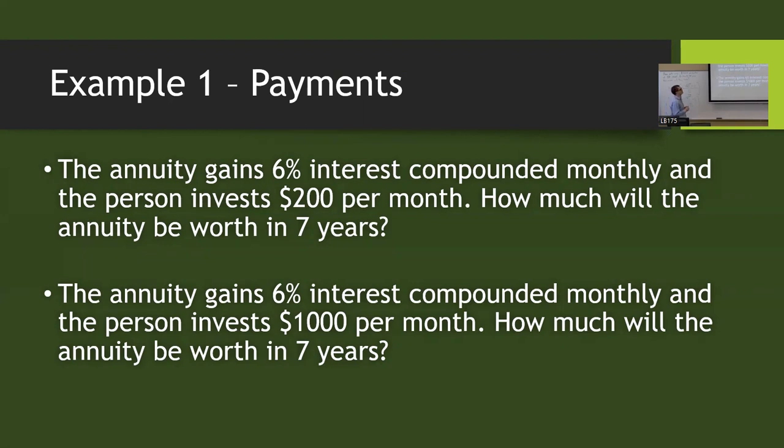So I want you to try to calculate 2 annuities. One is going to gain 6% monthly, and the person puts away $200 per month. They're going to do this for 7 years at, again, 6% interest.